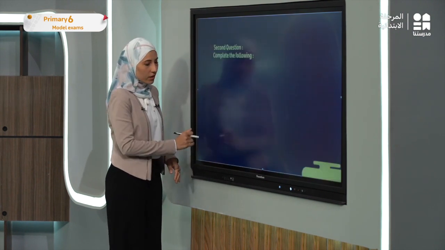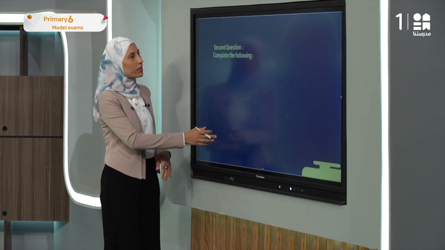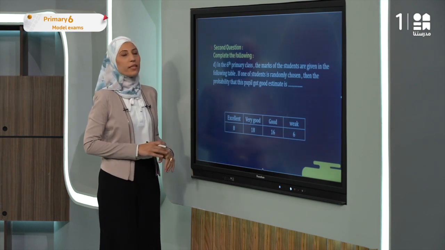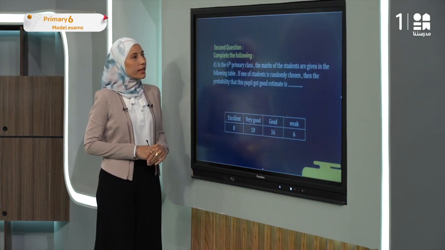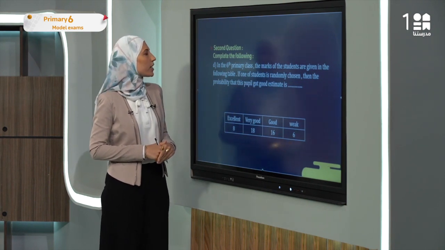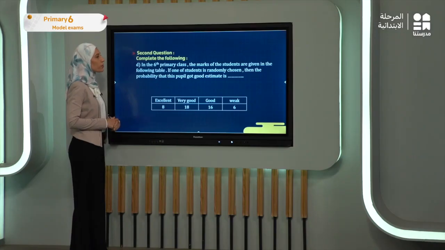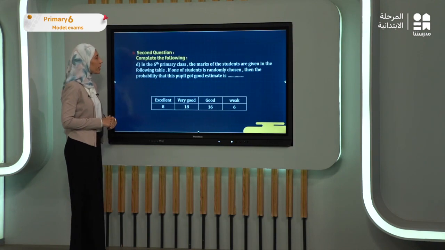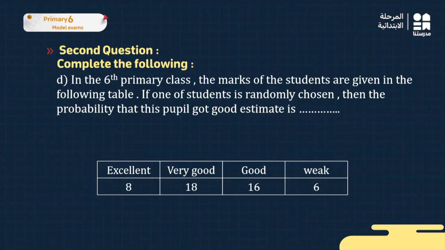Let's see our exercise. Here the second one tells me to complete the following. In the 6th primary class, the marks of the students are given in the following table. If one of the students is randomly chosen, then the probability that this pupil got a good estimate is what?